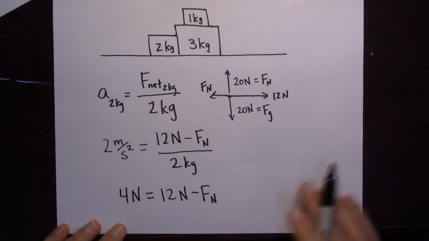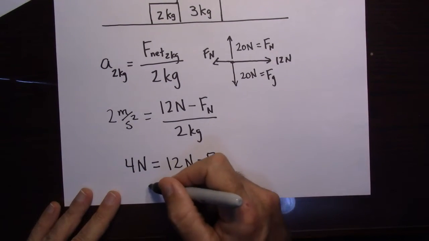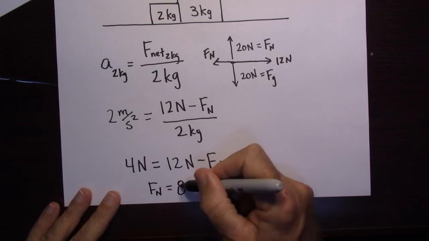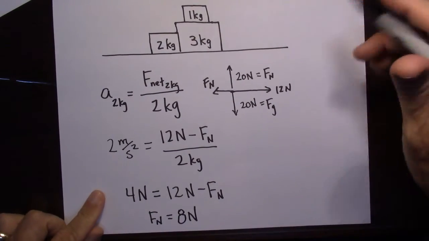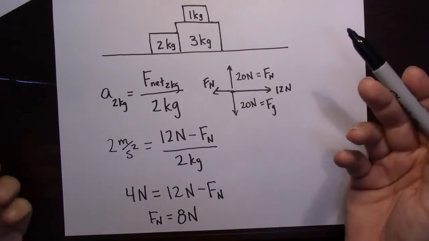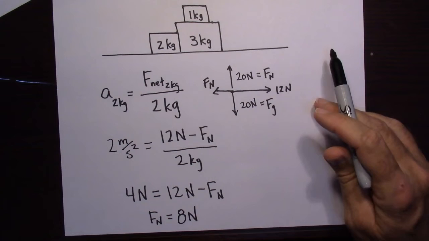And so Fn is going to have to be equal to 8 newtons. So the normal force there is 8 newtons. Now, we just figured out the force that the 3 is pushing on the 2 with, 8 newtons that way. But that means that because of the third law, the 2 must be pushing on the 3 with 8 newtons of force.